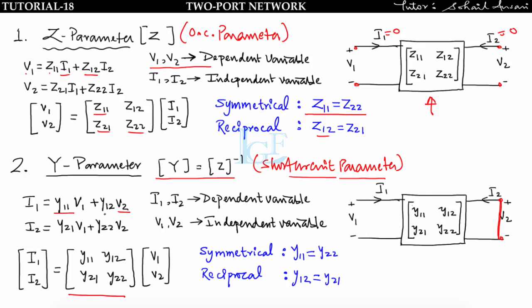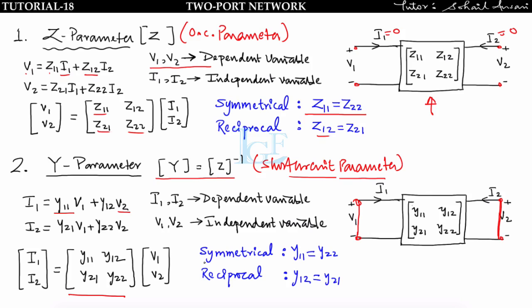Now to calculate Y12, you have to make V1 equal to 0. So short circuit this input port, and you will get Y12, that is equal to I1 upon V2. So in order to find Y11, Y12, Y21, Y22, we have to short circuit the input and output terminals. That's why it is also known as the short circuit parameter.